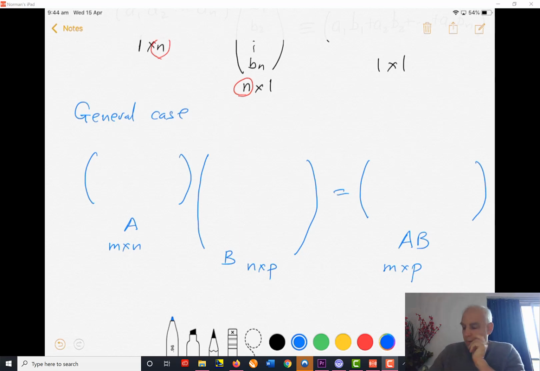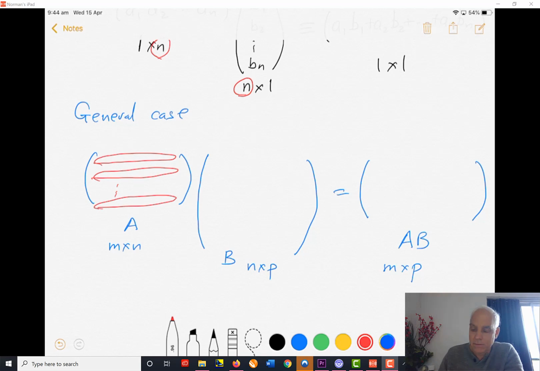So what are we doing here? What we're going to be doing is looking at the matrix A and looking at the rows of A. A has altogether M rows. And on the other side, B has columns.